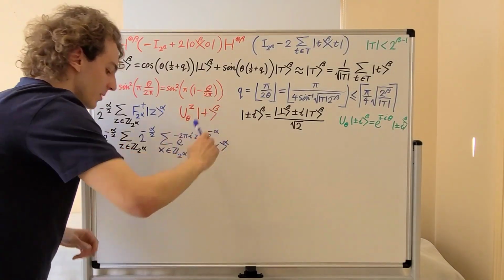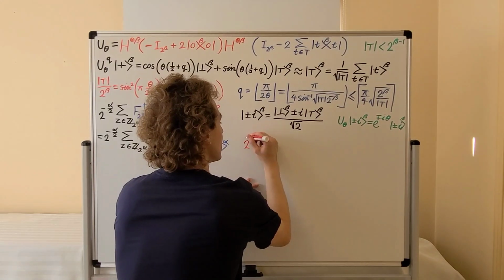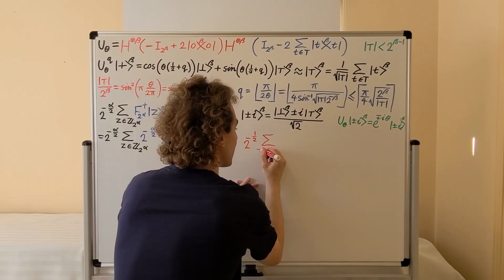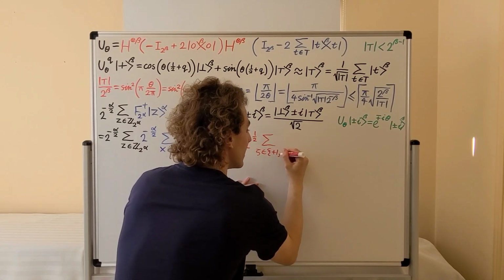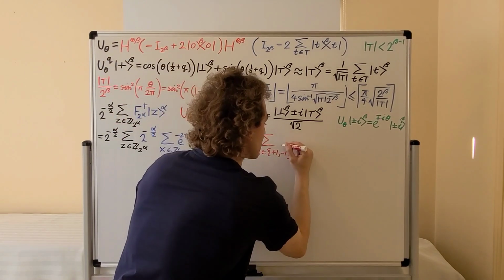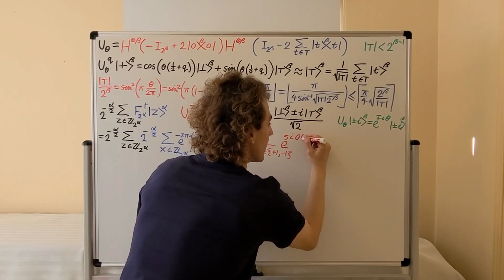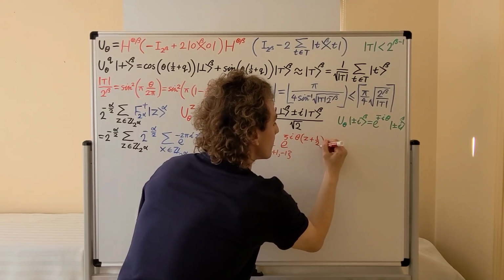And what about this state? Well, we can write this state as 2 to the minus 1/2 times the sum over the index zeta, which takes on two values, plus 1 and minus 1. And then we're going to have these coefficients of the form e to the zeta i theta times z plus 1/2.